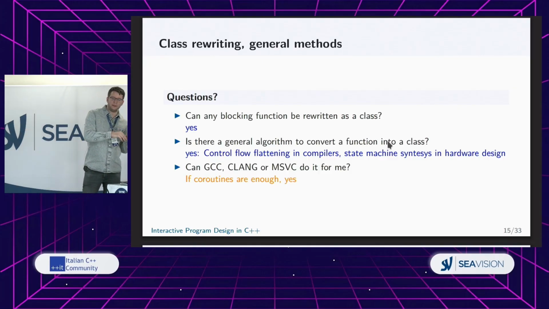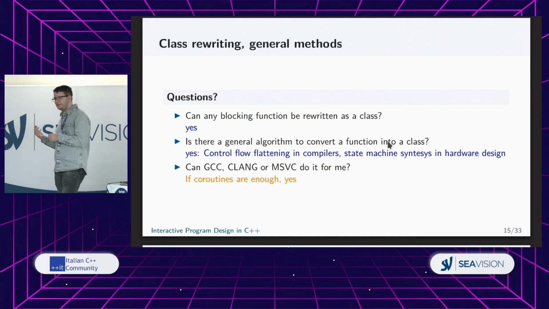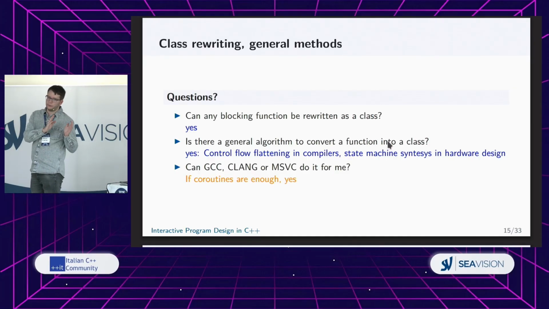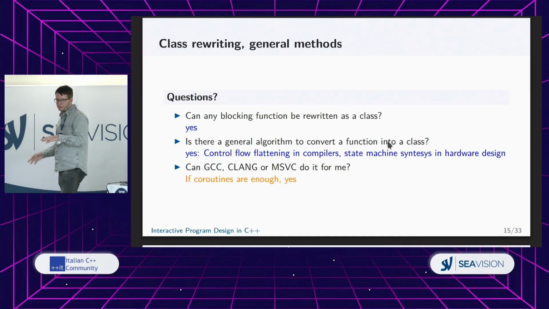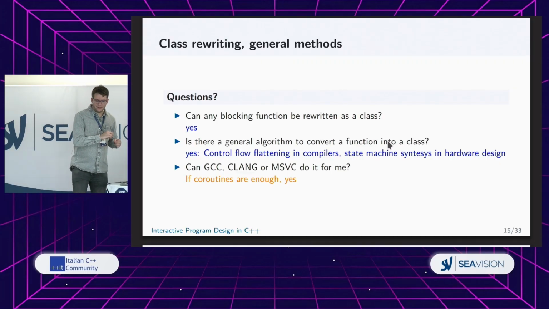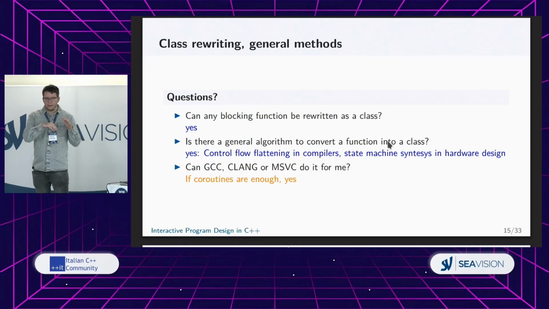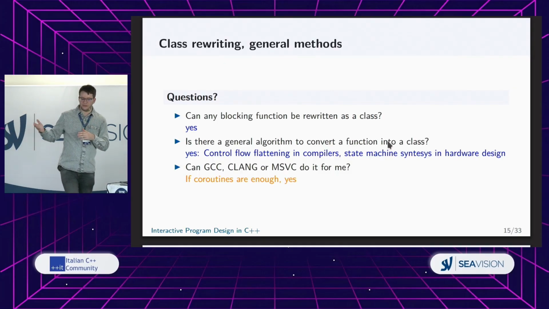It is the same algorithm you do in your mind to turn a function into a class that the compilers do to turn your code into assembly, conceptually. And it is the same algorithm that hardware design tools use to turn high-level code into a state machine, called state machine synthesis.